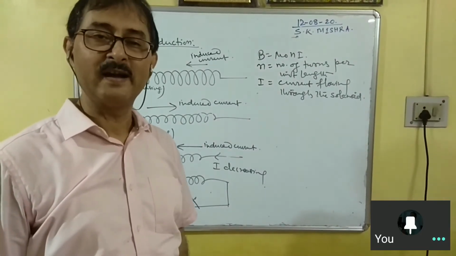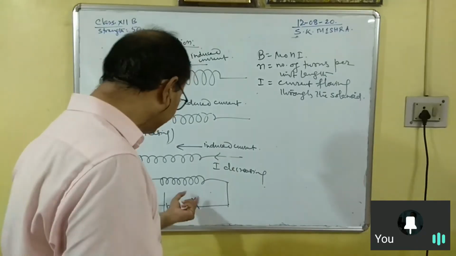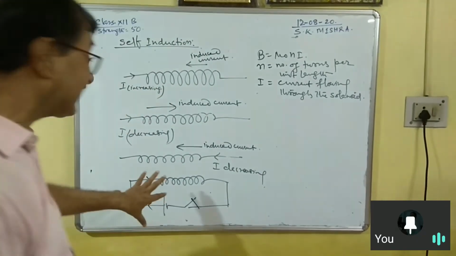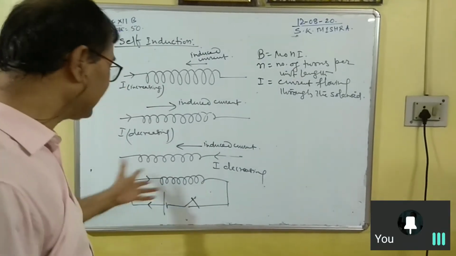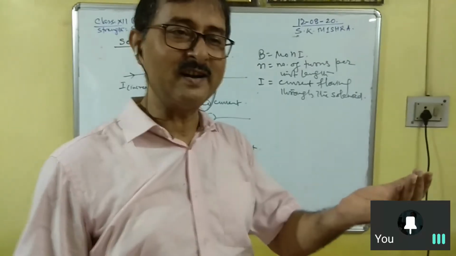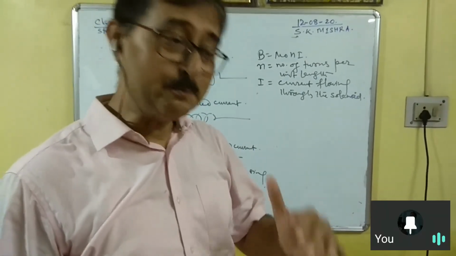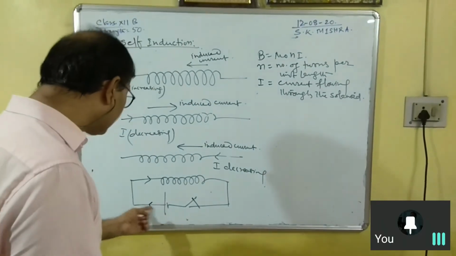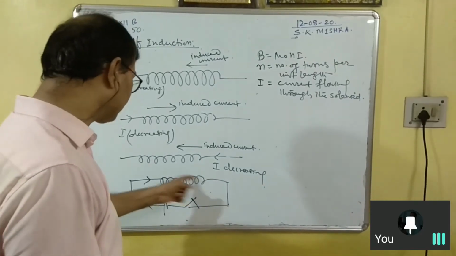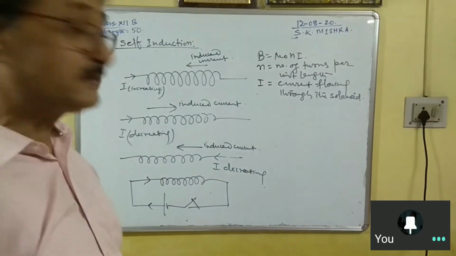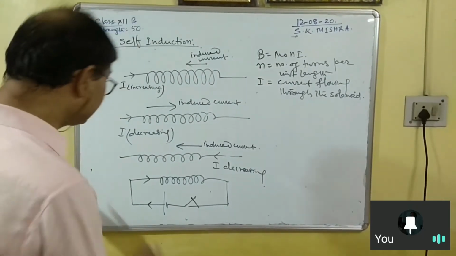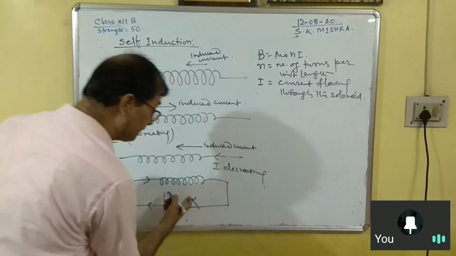Make and break. If you break the circuit, the current starts decaying. Decay means it starts decreasing. So in both conditions, when the current was increasing or decreasing, induced EMF and induced current will be set up in the circuit. That induced current will flow in such a way, since I is increasing at the time of make of the circuit.